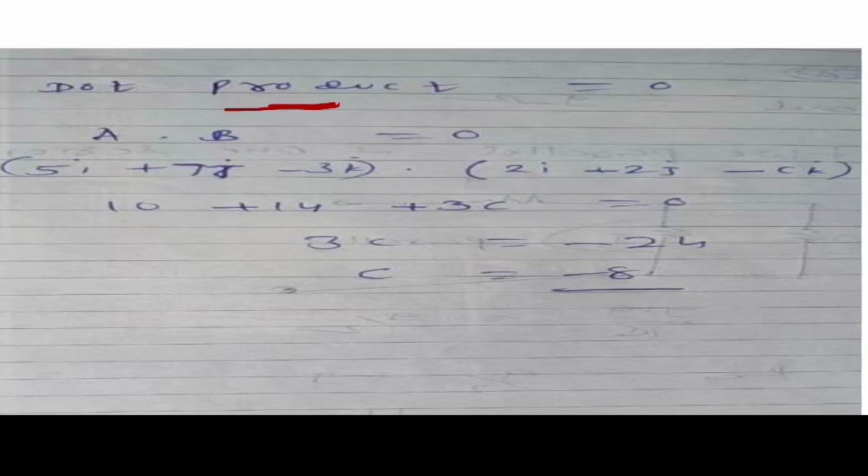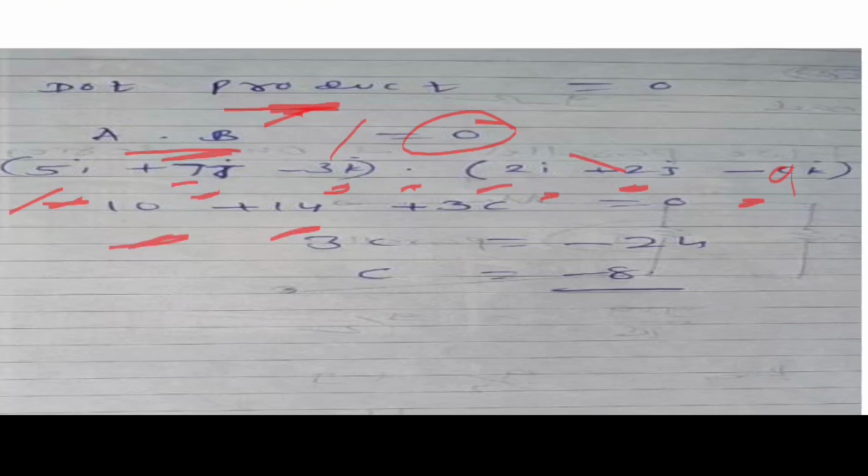So he said that two vectors are perpendicular, so you should perform the dot product. A dot B equals 0. So 5i plus 7j minus 3k dot 2i plus 2j minus ck. Here 5 2s are 10, 7 2s are 14, minus 3 into minus c is plus 3c, that equals 0. 10 plus 14, 24 plus 3c equals 0.